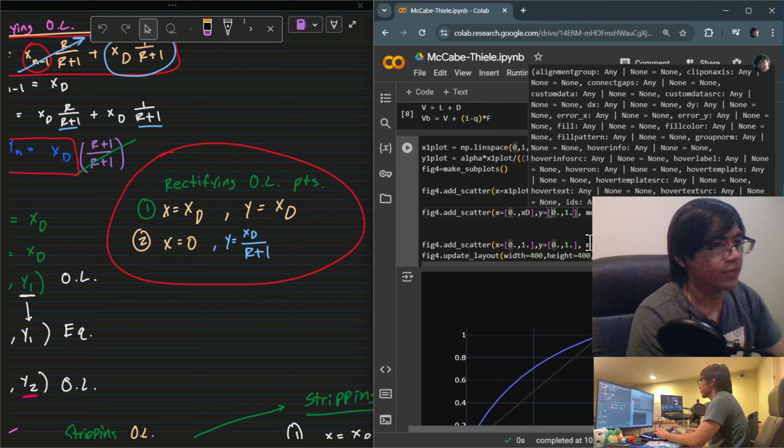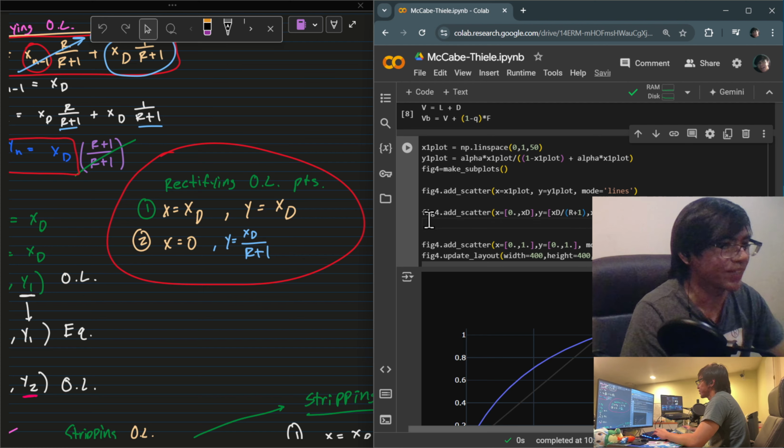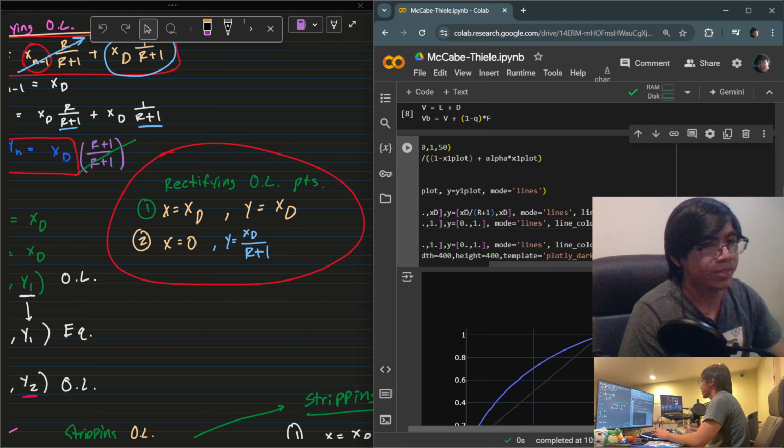So since 0 is first, have our expression first, xD divided by R plus 1, and xD is D. Actually, I think it matters, the order. I guess we'll find out. Go ahead and copy paste the next one.